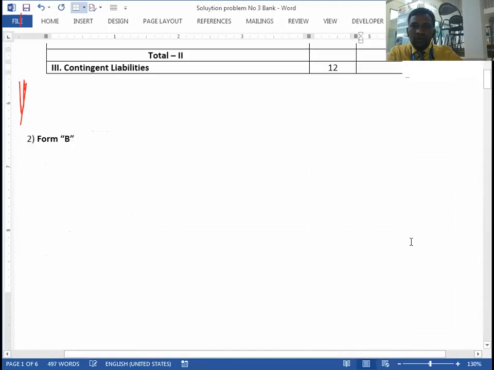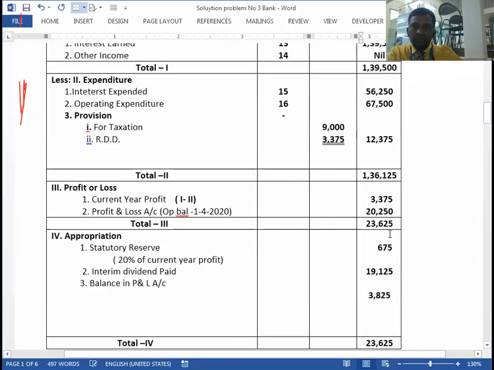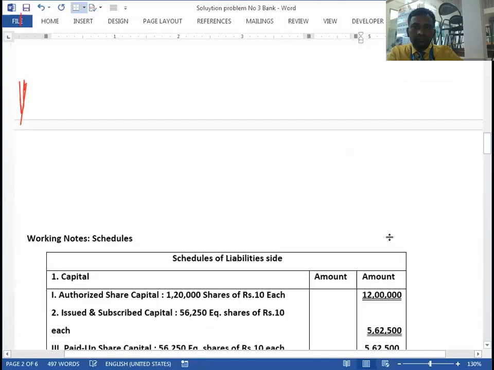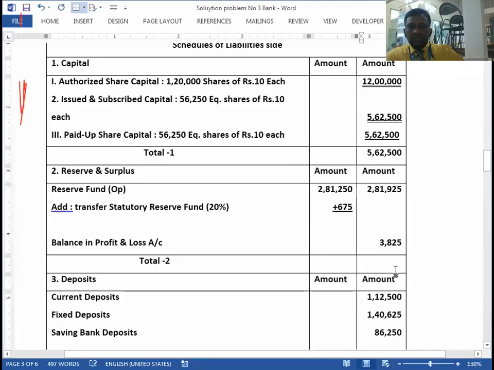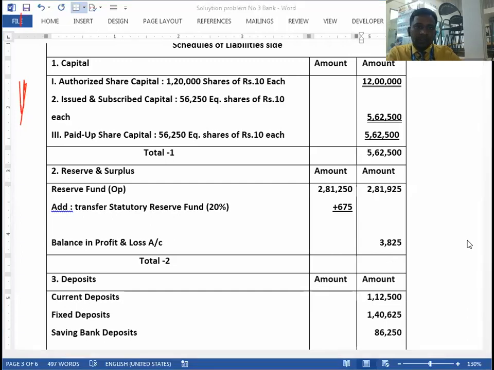Then schedule number 2, 3,825 plus 2,81,925, 2,85,750.